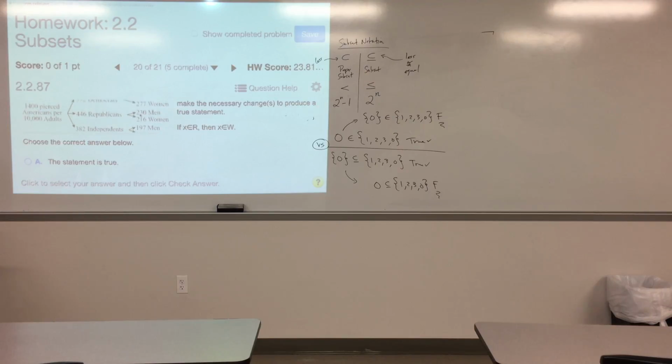And again, you don't really need to know what's going on with all these numbers. You just need to know what each of these letters represent. So the statement here is that if a person is a Republican, R, so if a person is an element of the Republicans, then that same person must be a pierced, a person with piercings.